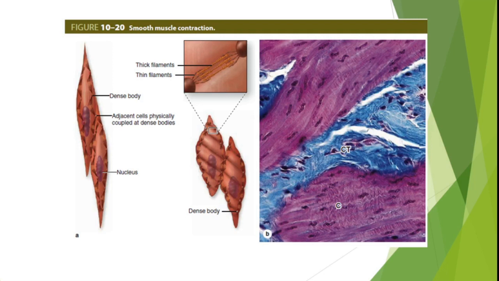Now, the structural and functional unit of your skeletal muscle fiber and cardiac muscle fiber is the sarcomere. For smooth muscle, the structural and functional unit is the smooth muscle fiber itself. We have the thick filaments, which we know as myosin, and the thin filaments, which we know as actin. Okay?